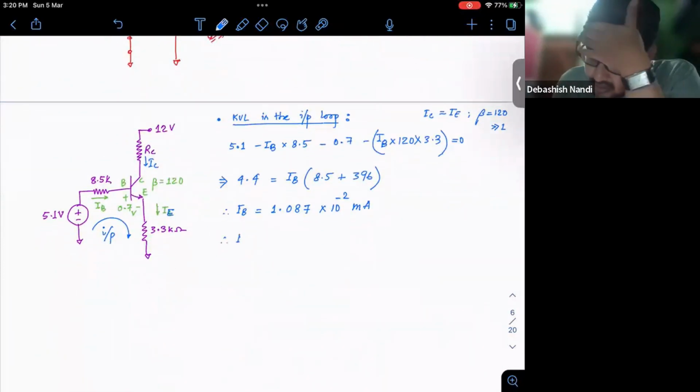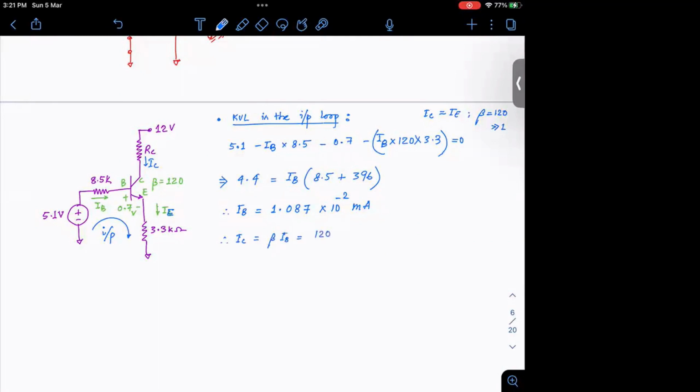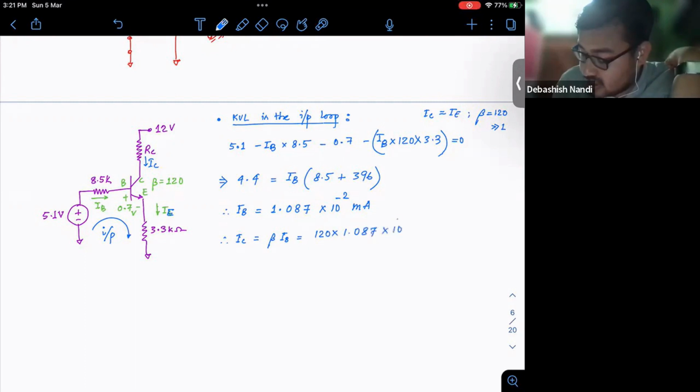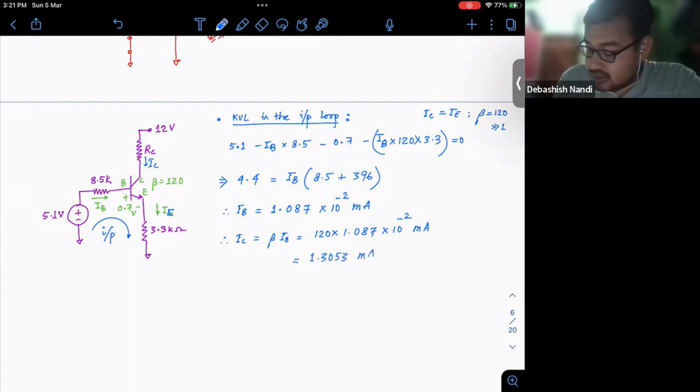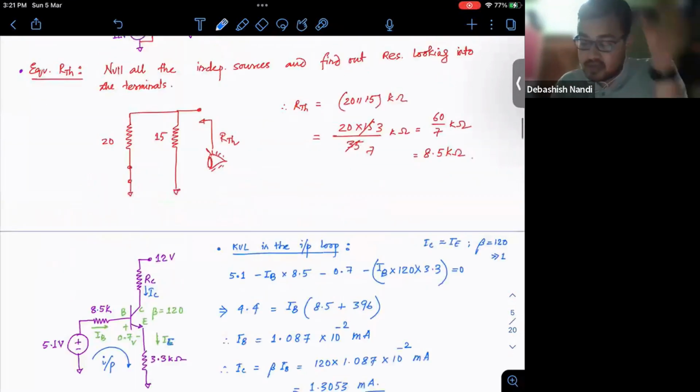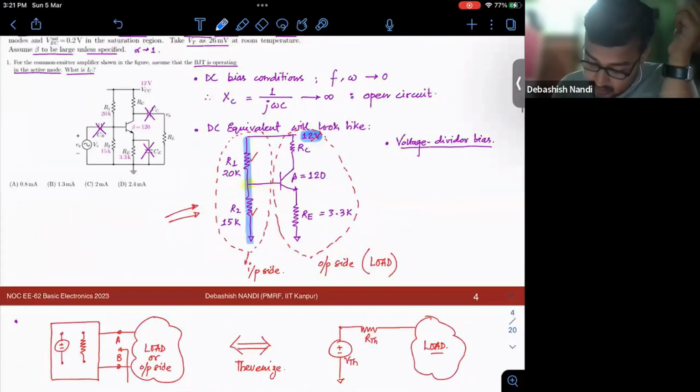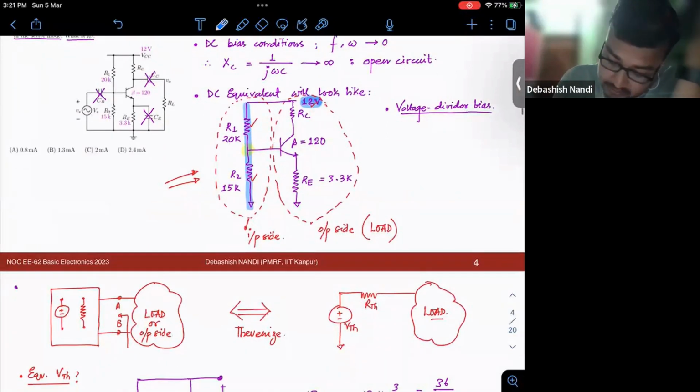So your IC would be nothing but beta times IB, 120 times 1.087 into 10 raised to minus 2 milliampere, and this is 1.3053 milliampere. Let's see if we have any option. 1.3, yeah. So your B will be the right option, right?